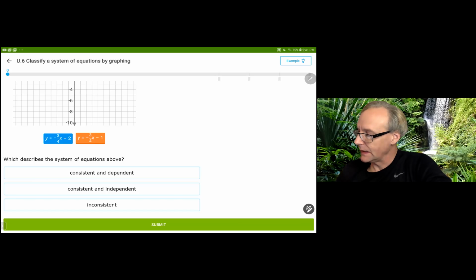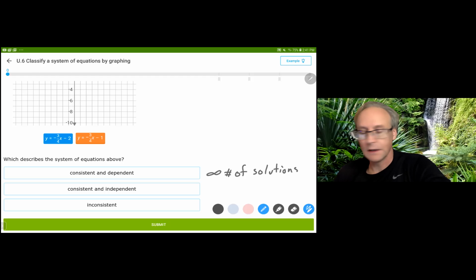So let's do a connection with the vocabulary. Consistent literally means it has at least one solution. Dependent means it has an infinite number of solutions. So for those of you who did the other section and want to compare it with this one, it's the same thing.